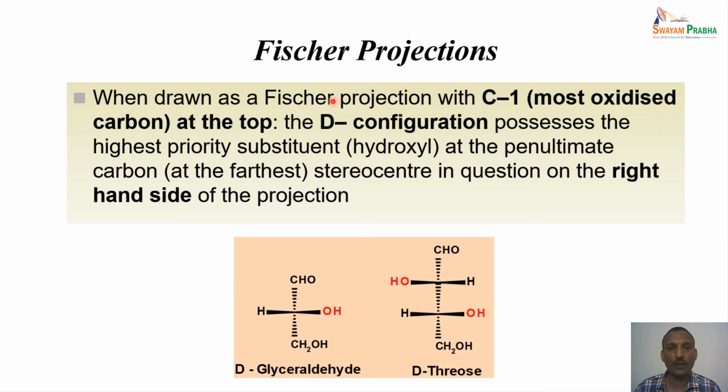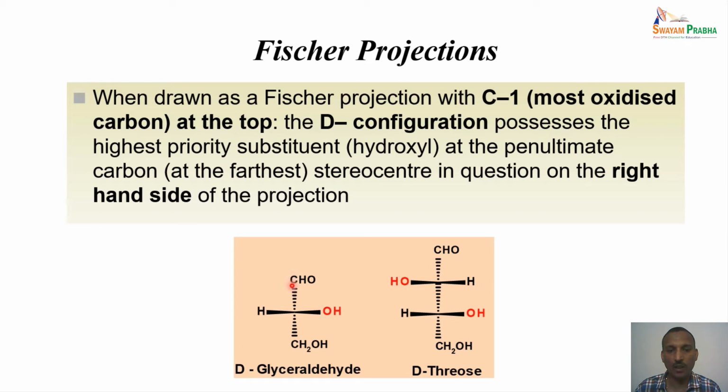When we draw the Fischer projection, the carbon atom 1, which is the most oxidized carbon, is written at the top. In this molecule, we have an aldehyde group and a primary alcohol group. Between the primary alcohol and the aldehyde, the aldehyde is the most oxidized one, so this is written at the top. This is step number 1.